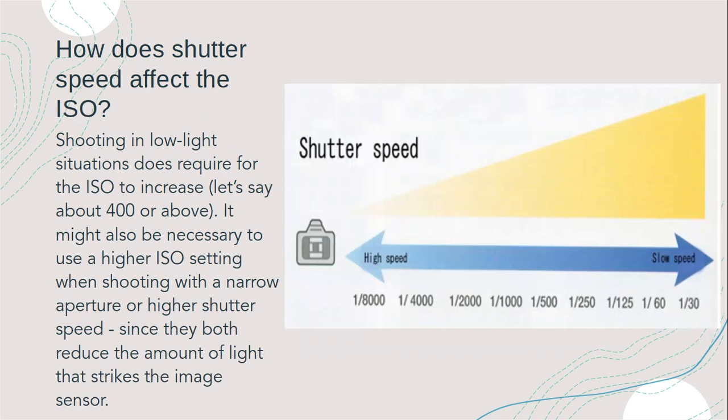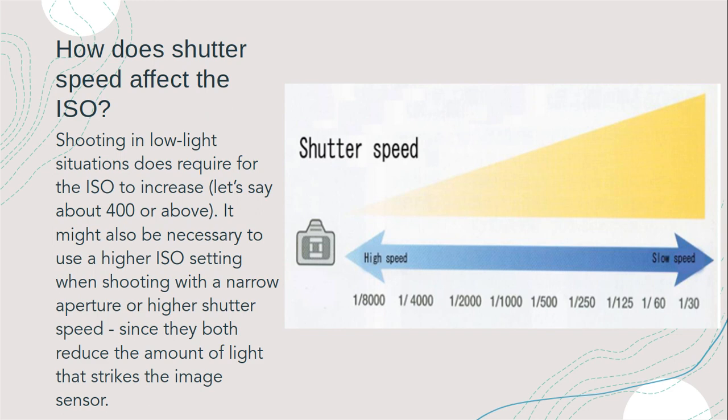So how does it affect the ISO? Shooting in low light situations does require the ISO to be increased. It's supposed to start at 400 or above. It might also be necessary to use a higher ISO setting when shooting with a narrow aperture or a higher shutter speed, since they both reduce the amount of light that strikes the image sensor.